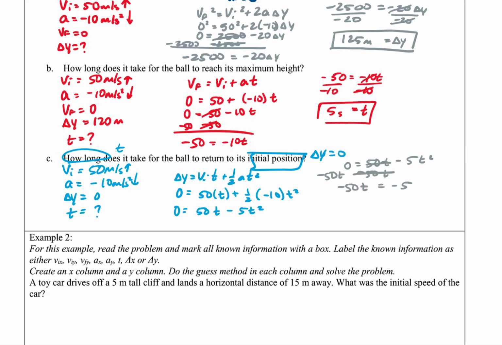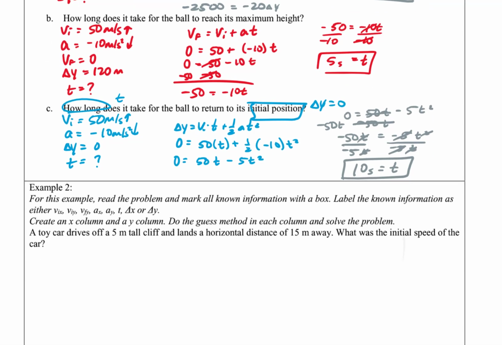So I get negative 50t equals negative 5t squared. We'll divide both sides by 5t. Reason being, 5's go away. One of the t's goes away, so on the right-hand side, I'm left with t. Left-hand side, the t's go away. Negative 50 divided by negative 5 is 10. So 10 seconds is equal to our time.